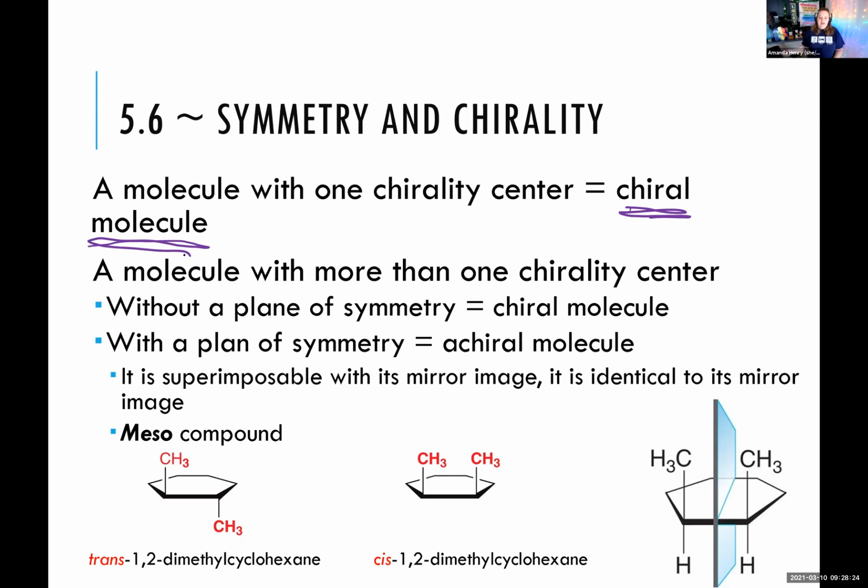If a molecule has 2 chiral centers and a plane of symmetry, oh, there's a typo there, a plane of symmetry, then it's actually an achiral molecule. So remember, A means anti or not. So what that's telling us is that if there's a plane of symmetry within our molecule and it has these chiral centers, it's not going to be a chiral molecule.